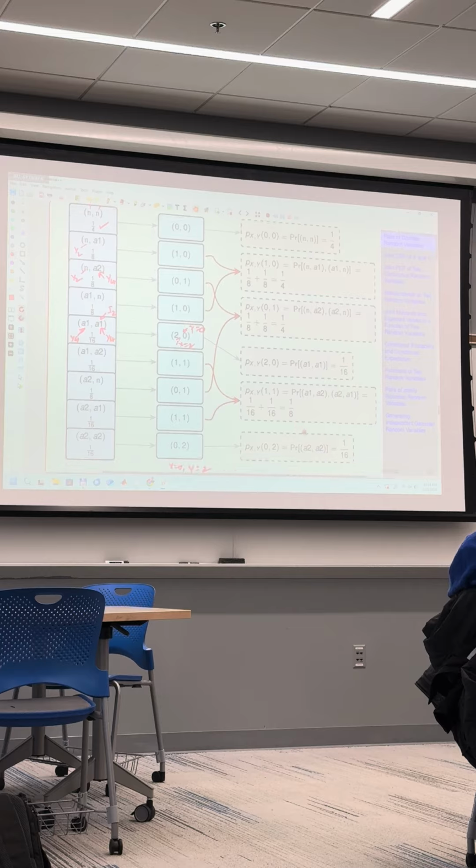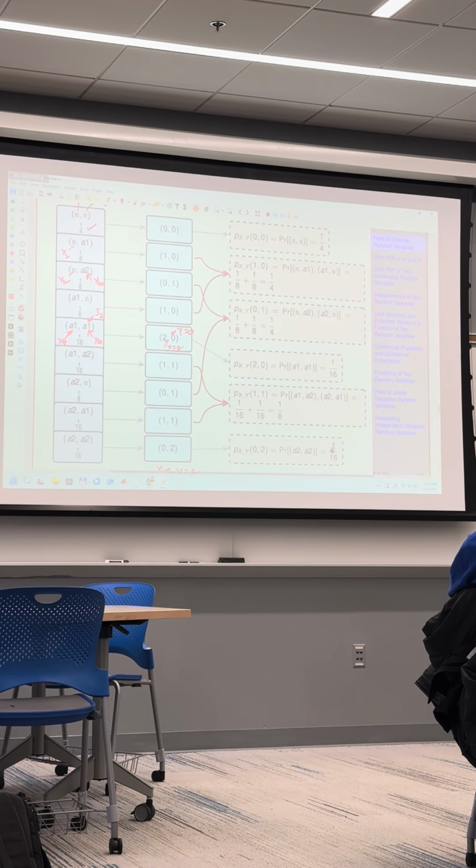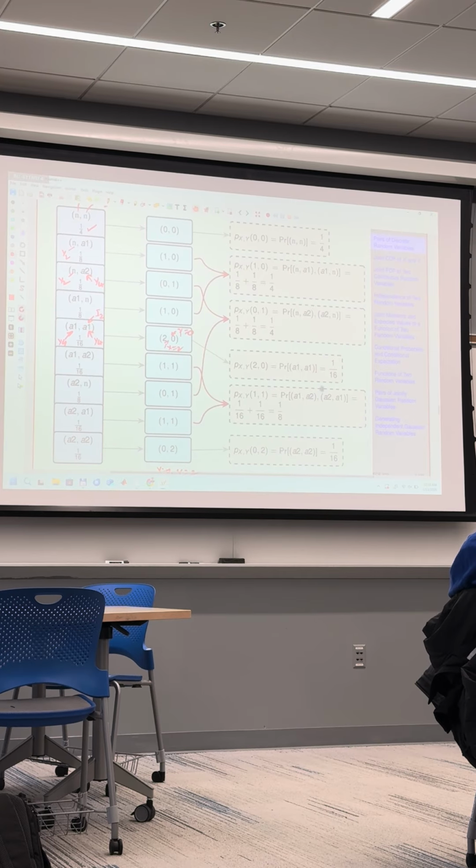Okay? So let's start with 1/16 plus 1/16, which is going to be 1/8. 1/8 plus 1/8 is going to be 1/4. 1/4 plus 1/4 plus 1/4 plus 1/4. So if you add them up, you see that they are 1. Which means that we actually computed the joint PMF correctly.